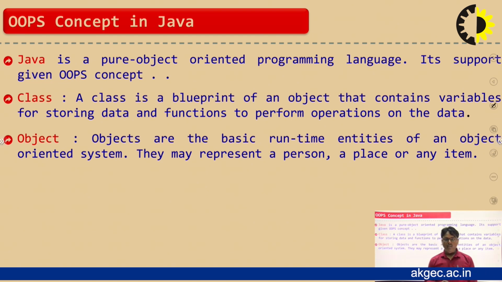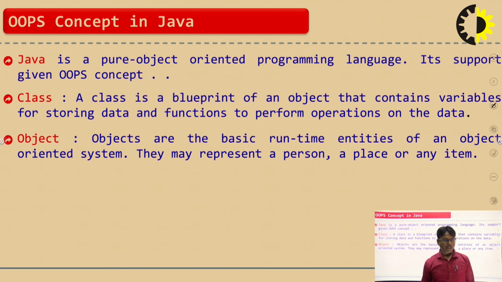Now, the first statement: Java is a pure object-oriented programming language. Comparatively, that is not quite true compared to some specific object-oriented languages, for example Smalltalk, so we can't say that Java is purely object-oriented, but it supports the given OOPS concepts.